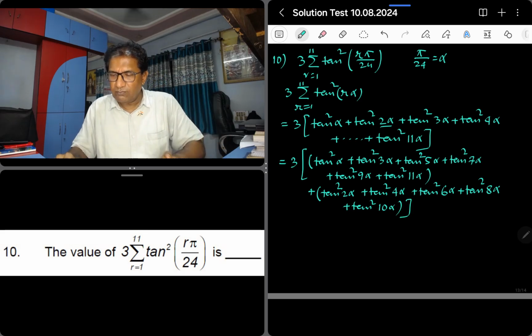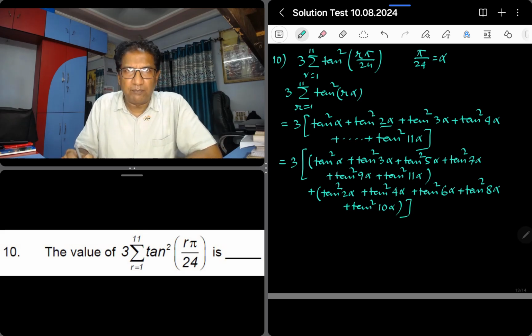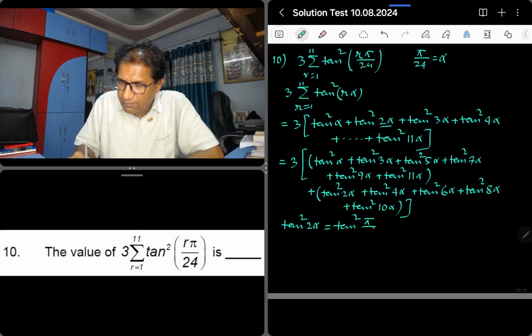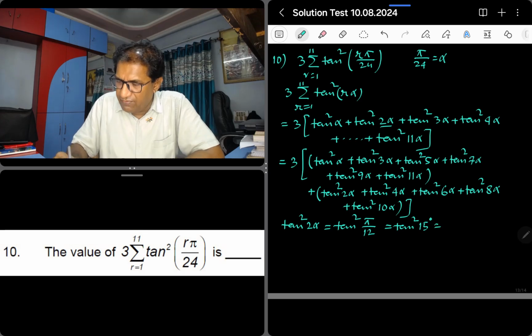Now, what is tan square 2 alpha? Tan square 2 alpha is basically tan square pi over 12, which is tan square 15 degrees. And we know this value, it is 2 minus root 3.